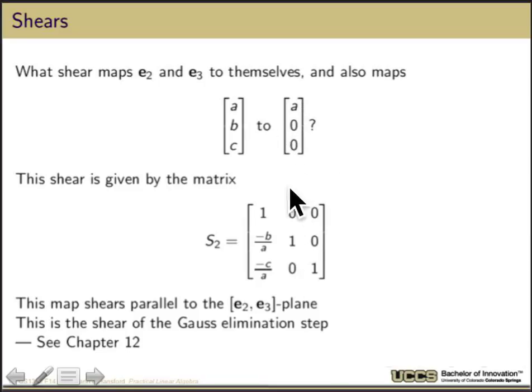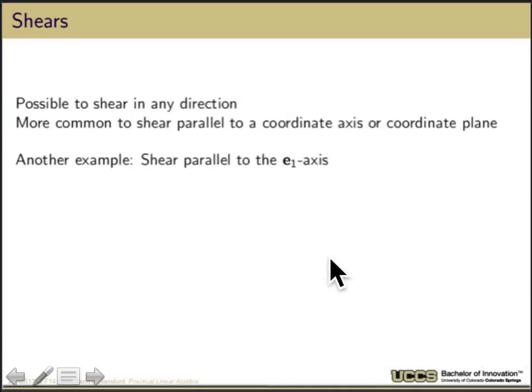Okay? And when I multiply this vector by this matrix, I've done a shear that is the first step of Gaussian elimination. So this shear is parallel to the E2, E3 plane, gets rid of the first column, bringing them down to zeros. It's really, as you can see, doing a multiplication of the first row times a constant, adding it in, and the last row times a constant, adding it in, and then it's going to get rid of those entries.